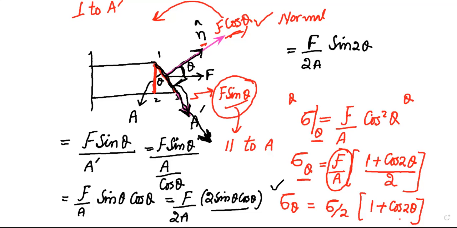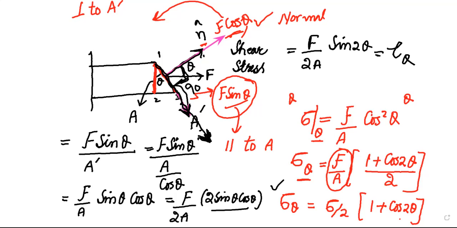The angle between force and area vector is 90 degrees. When you calculate stress on an area such that the angle between the force and the area vector is 90 degrees, that stress is called shear stress. We represent shear stress by tau. Since this shear stress is calculated on an inclined plane, we write this as tau theta.